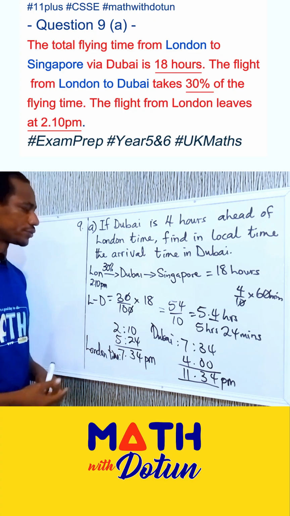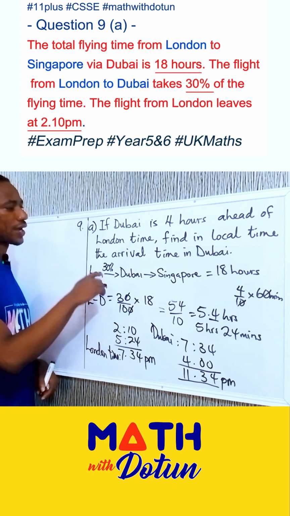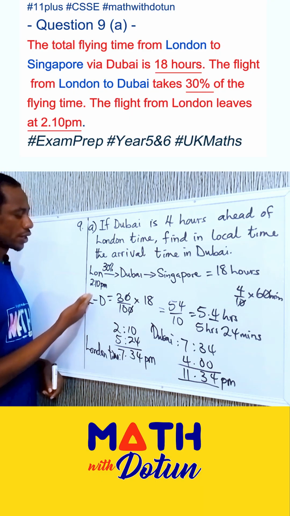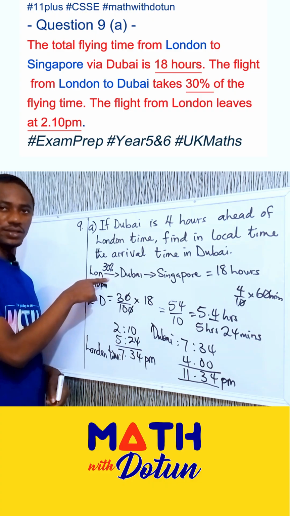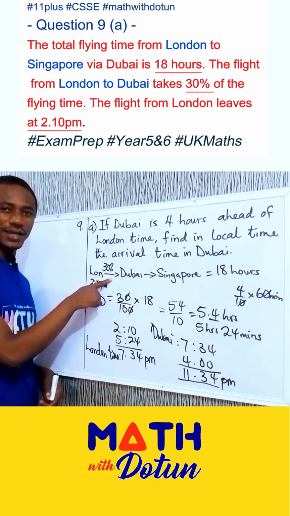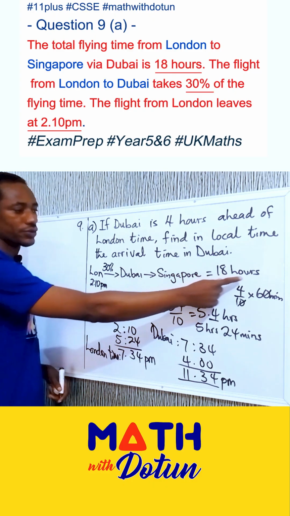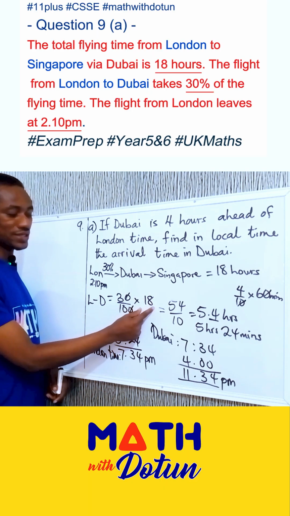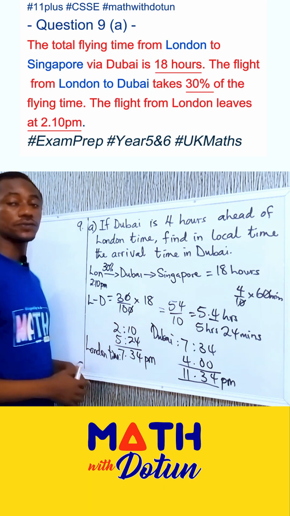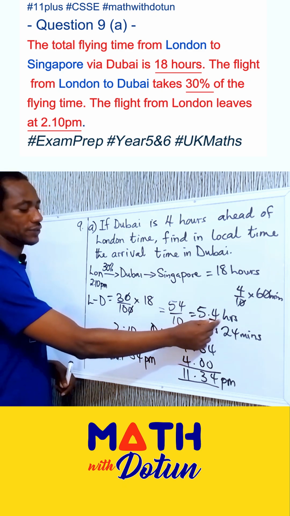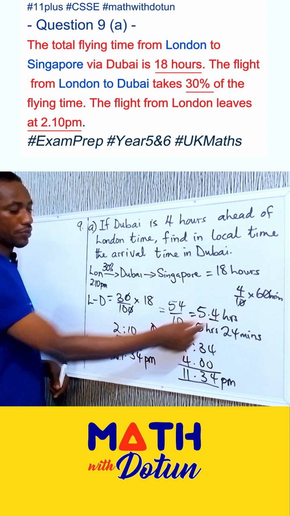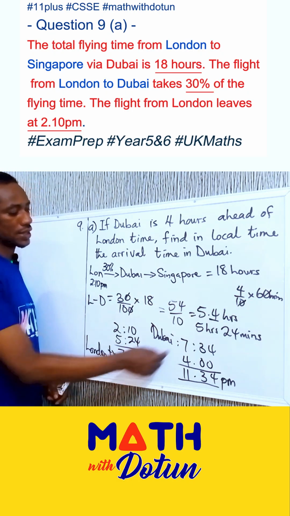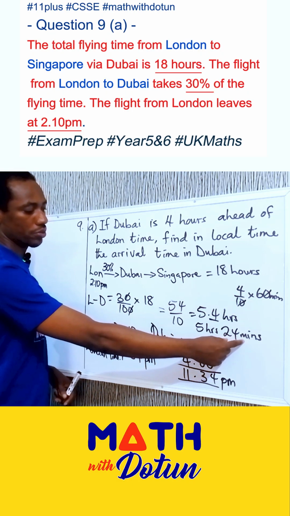So what have we done? We have to find the local arrival time in Dubai. We already know that the flight from London to Dubai is 30% of the total flying time. So we found 30% of 18 hours, which gave us 5.4 hours, and then we converted the fraction to minutes, 0.4 of 60, which is 4 over 10 times 60 minutes, and that gave us 24 minutes.